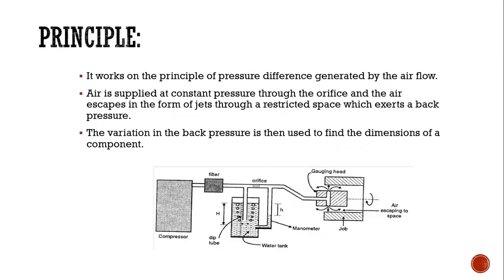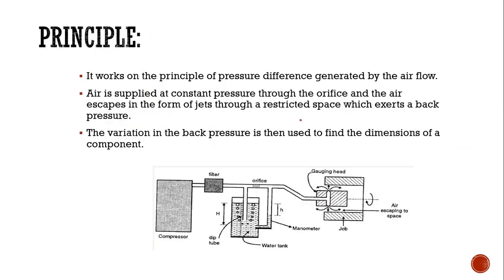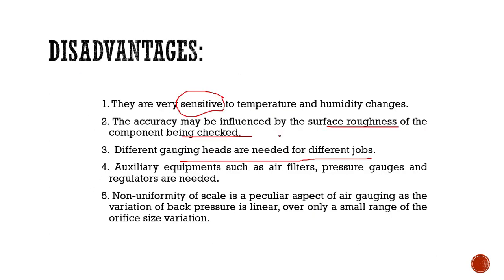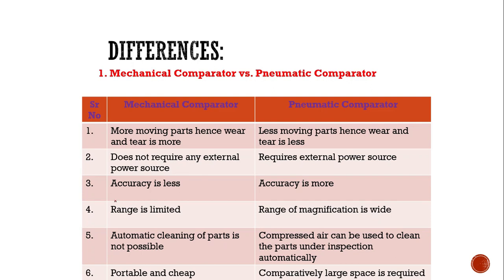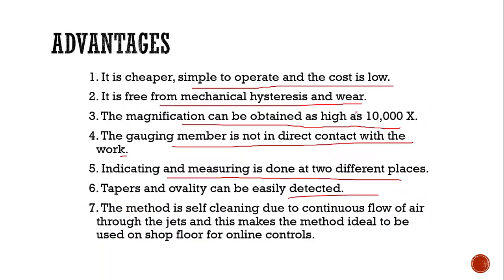As we have discussed, this gauging head can be used for internal dimensions. Likewise, different gauging heads are required for different jobs. Auxiliary equipment such as air filters, pressure gauges and regulators are needed. And we have already discussed the differences between mechanical comparators, pneumatic comparators and electrical comparators, along with their advantages and disadvantages.